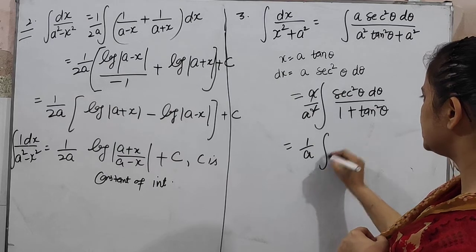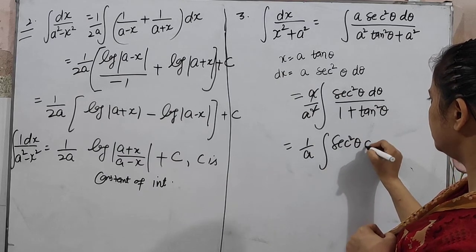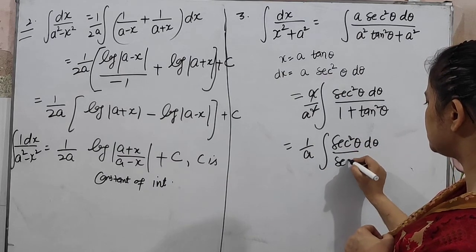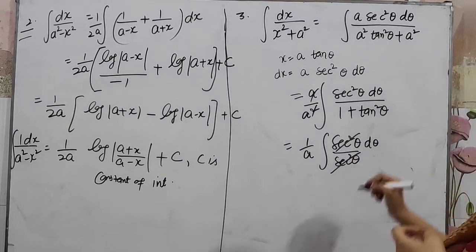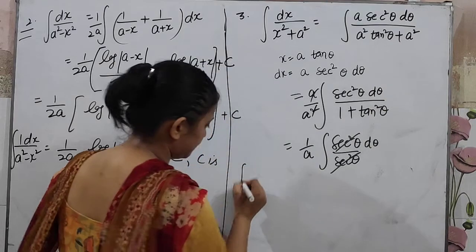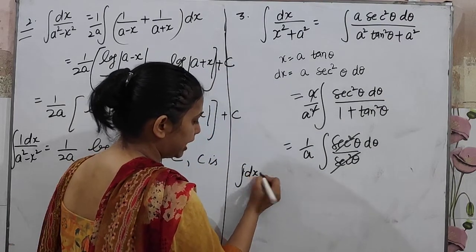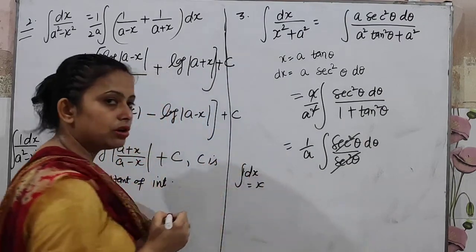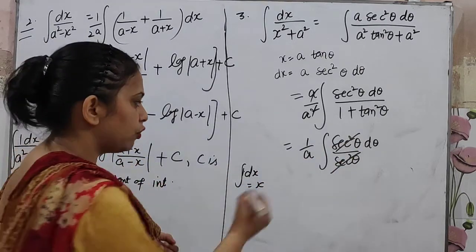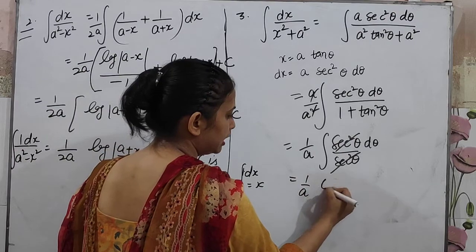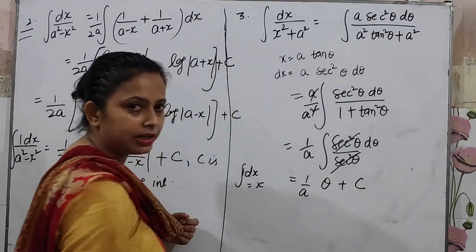So it is secant square theta d theta upon secant square theta. Secant square theta is cancelled out. What is the integration of dx? Integration of 1 into dx, you say x because the derivative of x is 1. Here it is integration with respect to theta, so what will be the answer? Theta plus c. Right students?